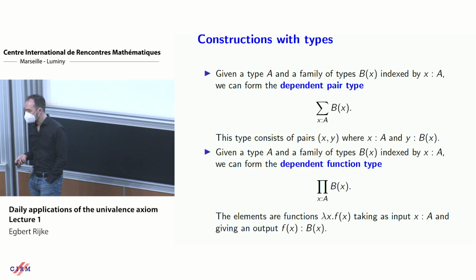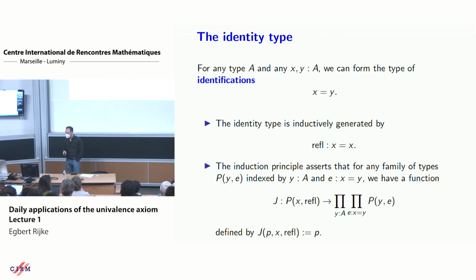Okay, and the characteristic ingredient of Martin-Löf's intensional type theory is the identity type, because his idea is, okay, we have the sigma type, and we can read it as an existential quantification, and we have the pi type, we can read it as a universal quantification, and we also have products that we can read as conjunction, and coproducts that we can read as disjunction, and then one of the other important things that we have in logic is equality.